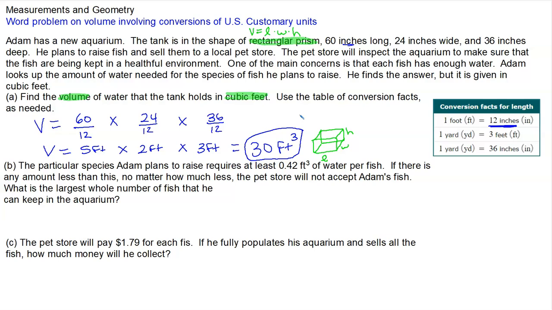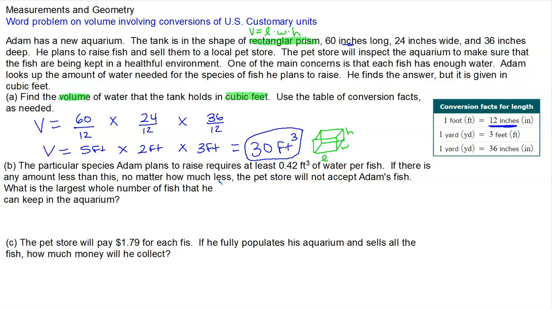Okay, part B. The species that Adam plans to raise requires at least 42 hundredths of a cubic foot of water per fish. So if there is any amount less than this, no matter how much, even if it's just a teeny bit less, the pet store will not accept Adam's fish. What is the largest whole number of fish that he can keep in the aquarium?